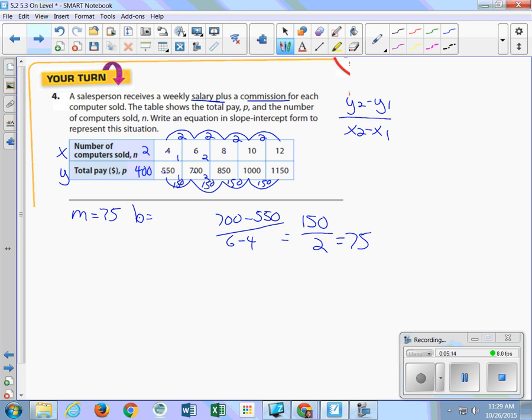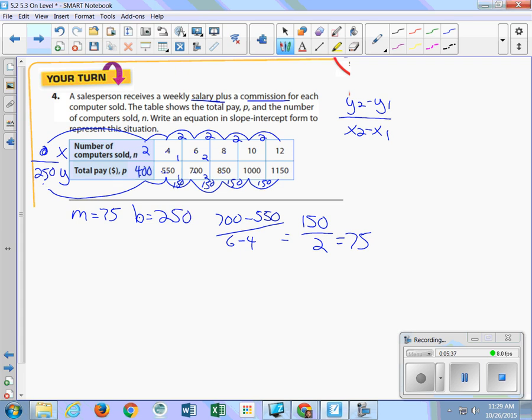All right, and that's not quite it, I need to get all the way to 0. So if I subtract 2 from 2, that would be 0. So I went from here, now I need to go to here. So 400 minus 150 is 250. So when x is 0, the value of y is 250. So that is my y-intercept.